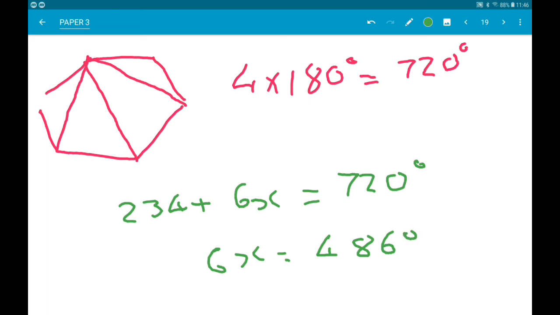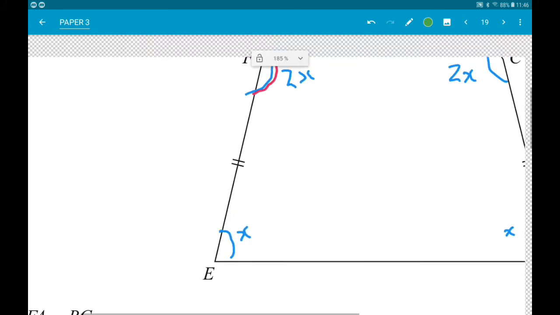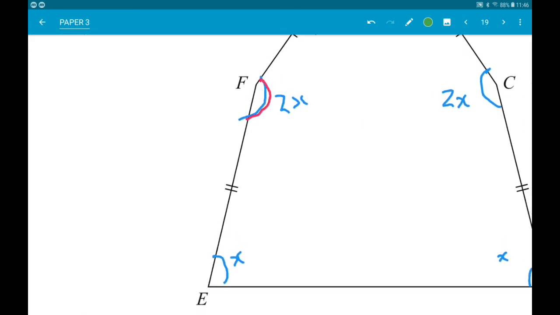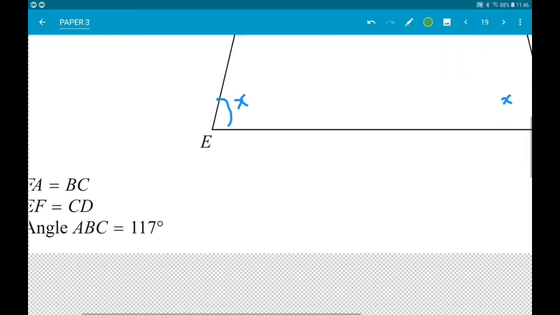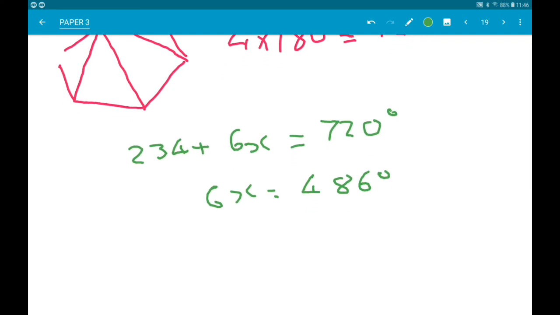Okay, now remember what we are trying to find. We're trying to find angle AFE, which is 2x. So instead of finding x, we're going to find 2x.